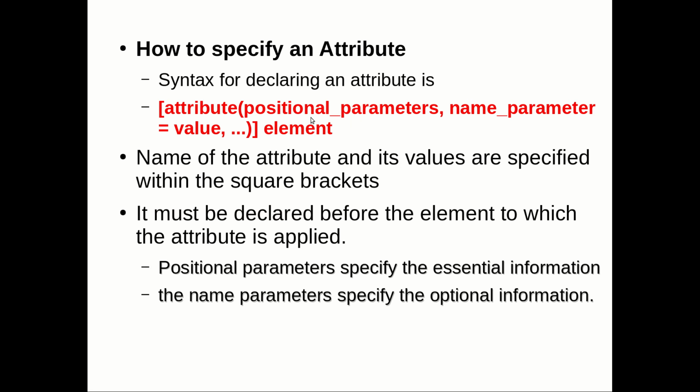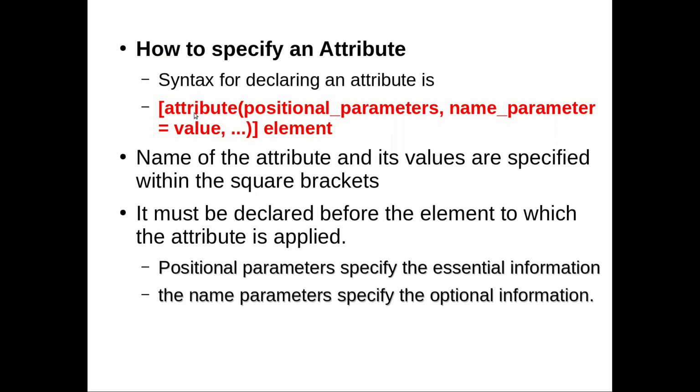Whatever element must be associated with the attribute, just before the element you must have the declarative tag inside which you are going to declare the attribute. This is the name of the attribute and its values are specified within the square bracket.